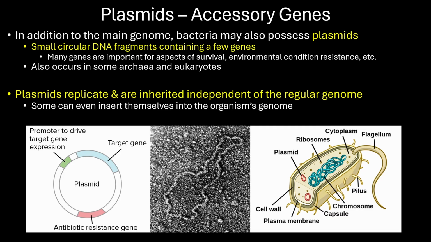Now, when a cell divides, it inherits the whole genome and the plasmids that were on that cell as well. But these plasmids can also be passed around to other individuals through that horizontal gene transfer that we have explored in the past. Any kind of passage of genetic information that is not from ancestors to descendants, that is not from parent to children.